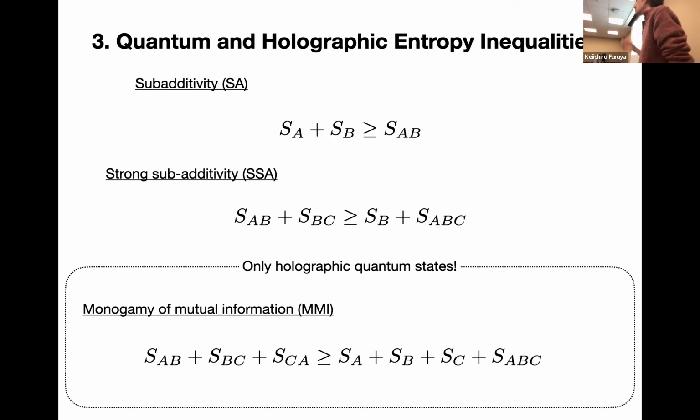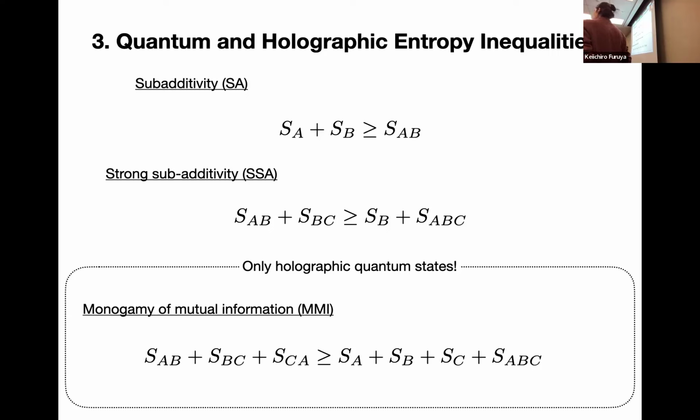So when you say only holographic quantum states satisfy the MMI, are you saying that the only known examples are holographic states? Is it known that there are no other quantum states apart from the holographic states which satisfy MMI? Well, there are certain types of quantum states that satisfy the MMI, of which I will give you an example.